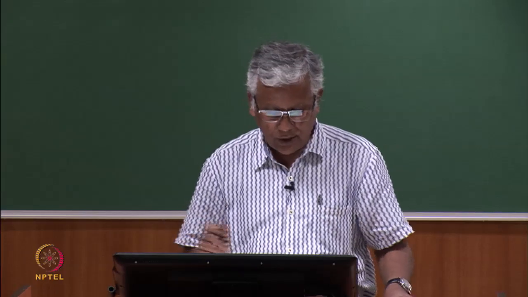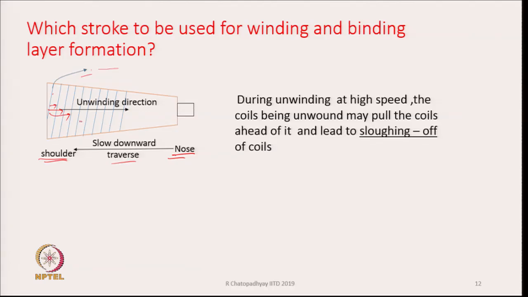When this bunch of coils gets removed, we call it sloughing off. They get entangled and the yarn is going to break. That is the problem that we are facing if we create these winding layers while the ring rail is going down, that is, in the downward stroke.